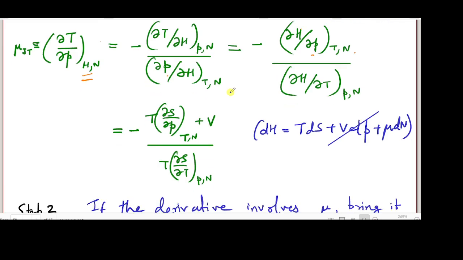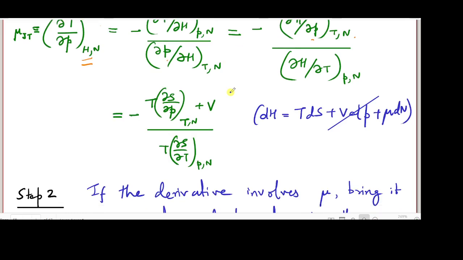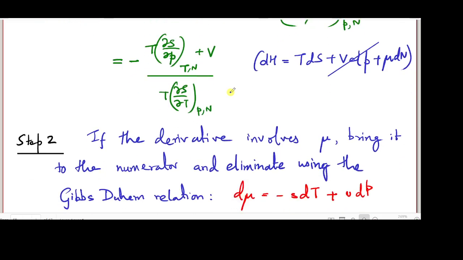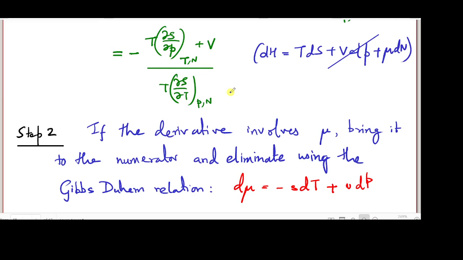Now step 2. This is step 2 according to Callen, and this is the step that we have to do at this stage, which is if the derivatives that we have to deal with involve mu, the chemical potential, then you have to bring it to the numerator and eliminate it simply by using the Gibbs-Duhem relation. That is, use d mu. Remember, we had N d mu, so when you write d mu, you are dividing through by N. It's minus small s dT plus small v dP.